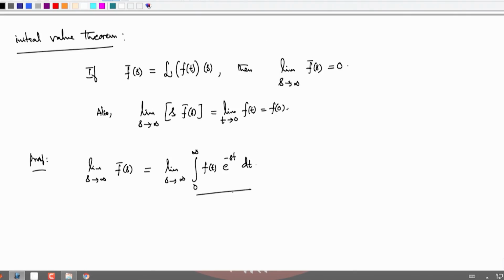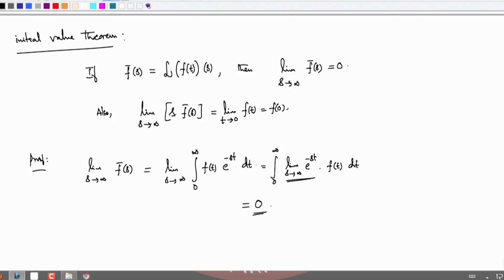Because this integral is uniformly convergent as a function of s, I can take the limit inside the integral. That makes it the integral from 0 to infinity of the limit as s goes to infinity of e power minus st, times f of t, which is a function of t and has nothing to do with s, dt. As s goes to infinity, this limit is 0.